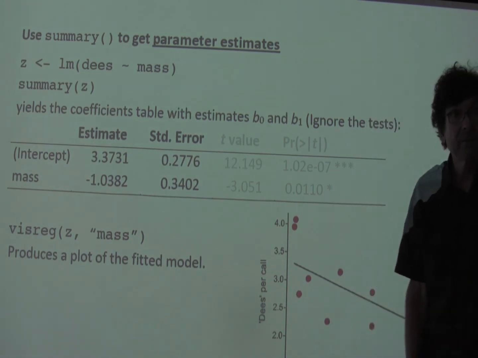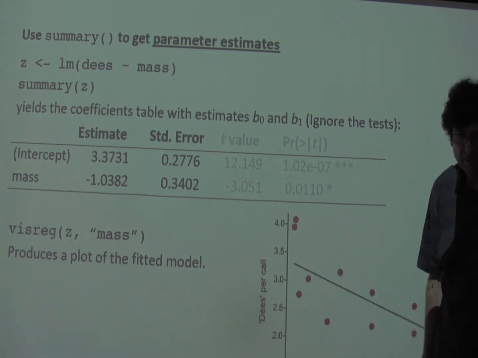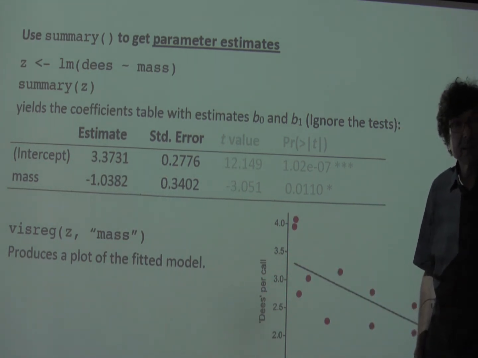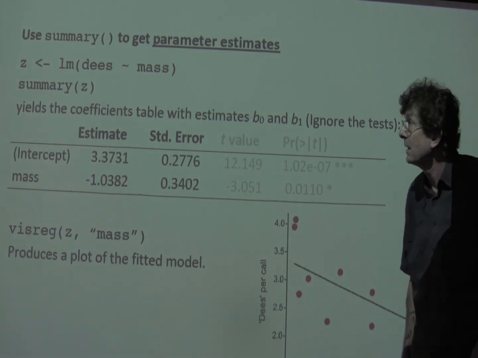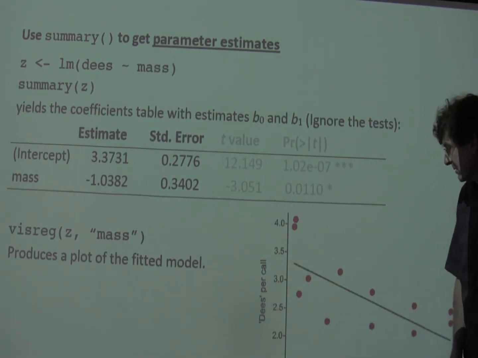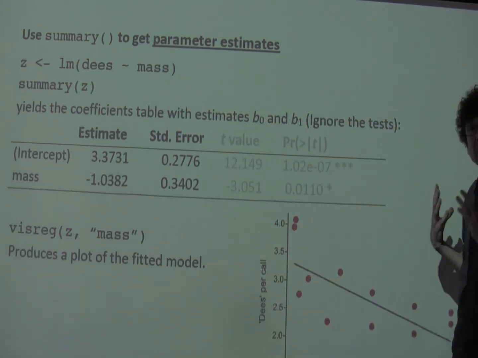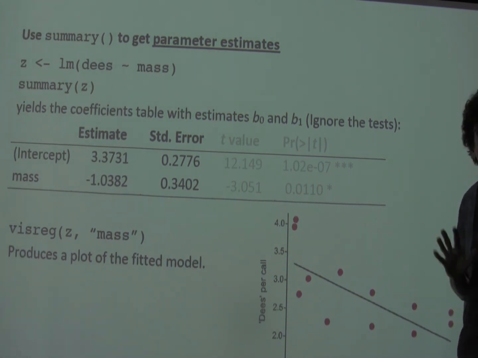So there's a summary. Once again, use summary to get parameter estimates. There are a couple of packages that I want to get you used to using as well. One of them allows you to visualize the fit of the model to the data, and it's called VisRec. I recommend it.